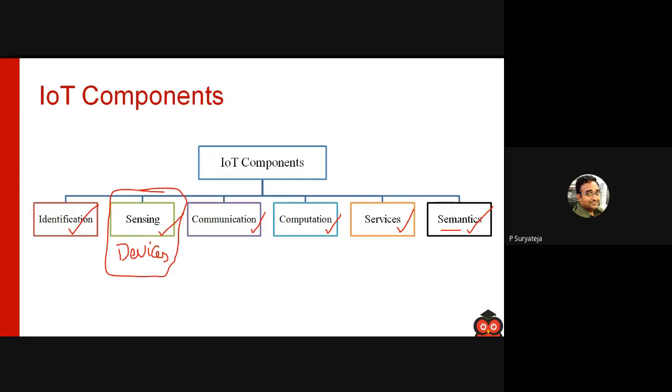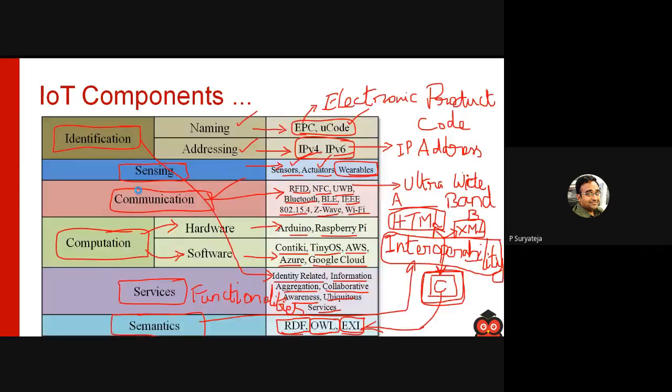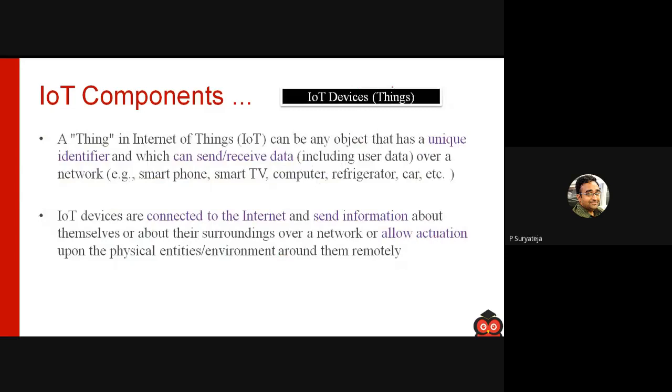In those three things, we will be looking at sensors and actuators. So before looking at sensors, let's look at the umbrella device, which is thing. In the first unit also we have learned about things, also referred to as IoT devices.